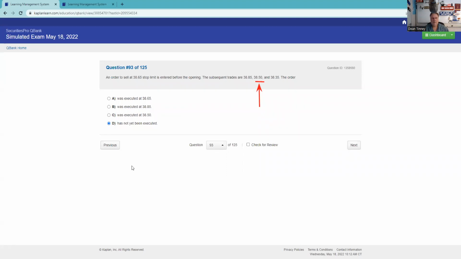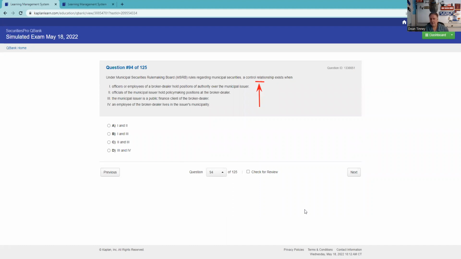So in order to sell at 3865 stop limit, sell stops are below the market, so it's below wherever the current market is. The subsequent trades are 3885, 3850, ding, ding, ding. It traded through 3865. It's now a live limit order, but the trade is 3835, and this customer says his price is 3865 or more, as a seller.